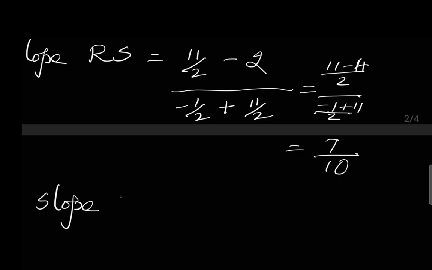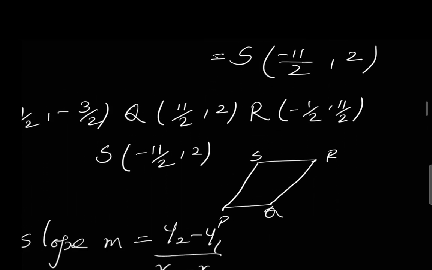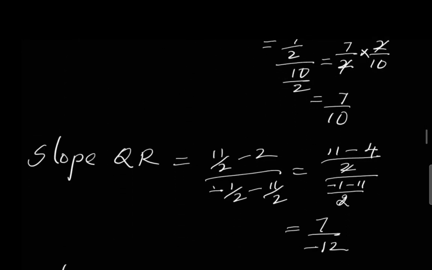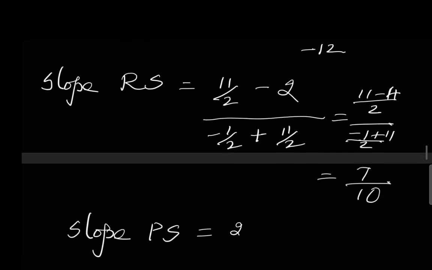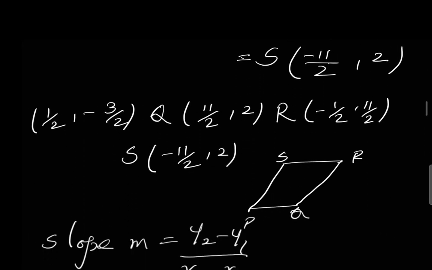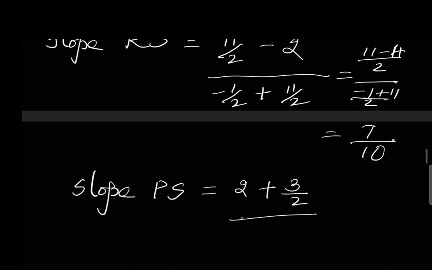Next is slope PS, the last side. Take the P coordinate and S coordinate. y2 minus y1 is 2 minus 3 by 2, so that is plus 3 by 2, divided by x2 minus x1, which is minus 11 by 2 minus 1 by 2.